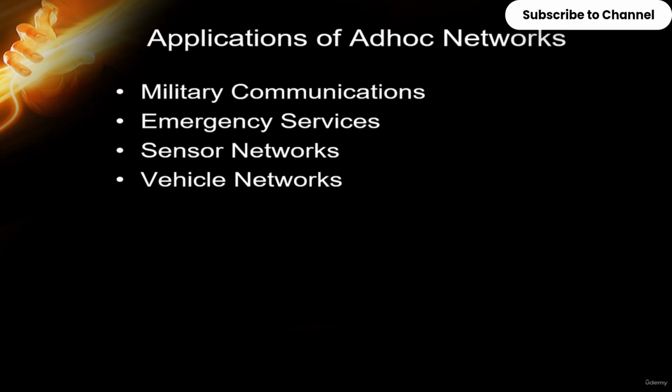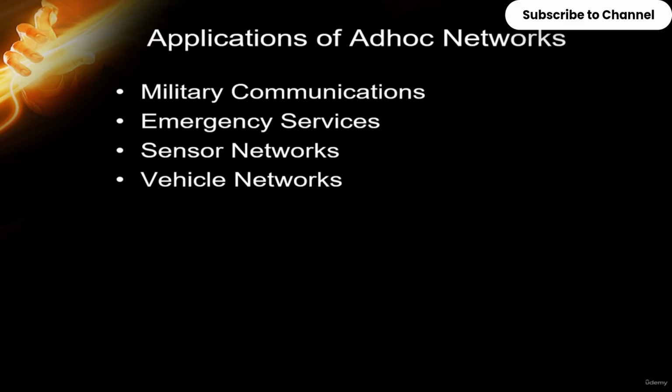So another application is sensor networking, or smart networking, which is useful for home or office automation, with various devices communicating and coordinating with these networks. And vehicle networks, previously we saw that type, that is vehicle ad hoc networking.